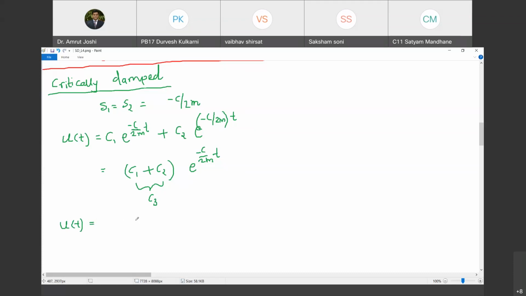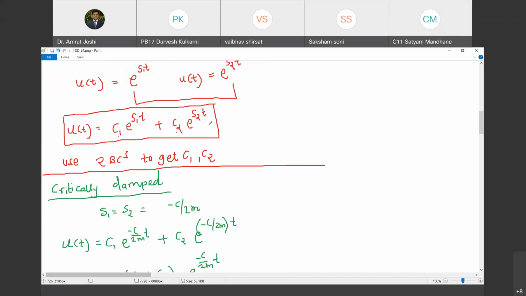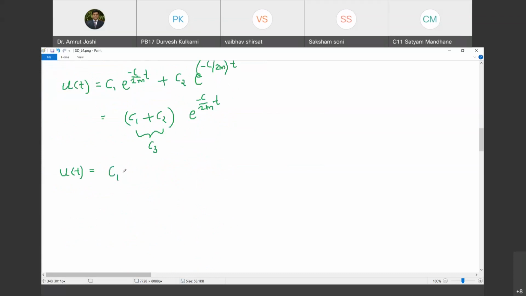In such cases, instead of writing c1 e raised to s1t plus c2 e raised to s2t as a general solution, I am going to write down c1 e raised to s1t plus c2 t e raised to s2t as the general solution. Are you with me? Yes, sir. So what have I done? I have introduced this t here. Do you agree with me?